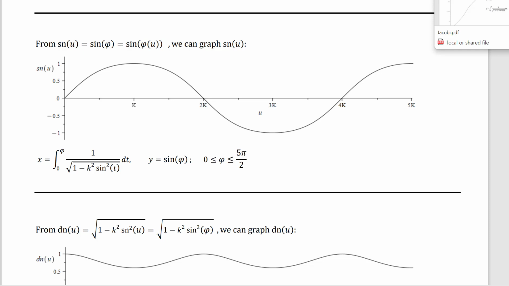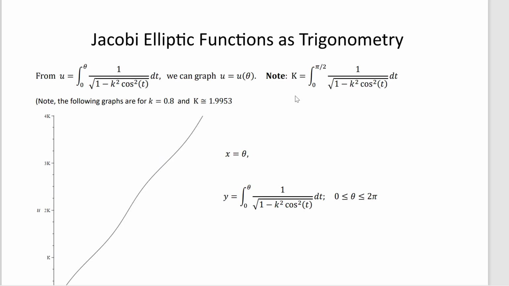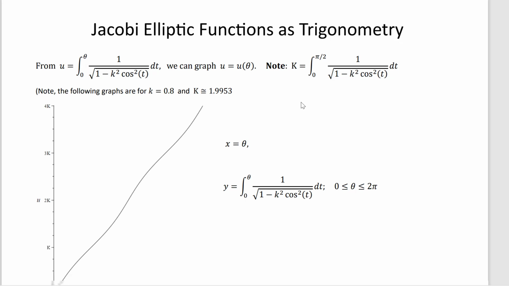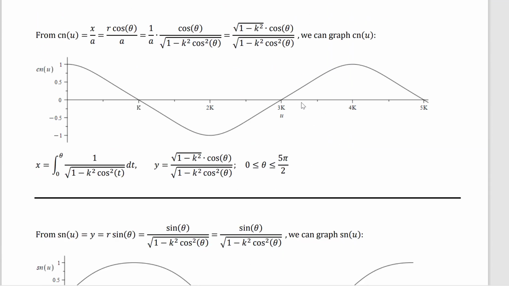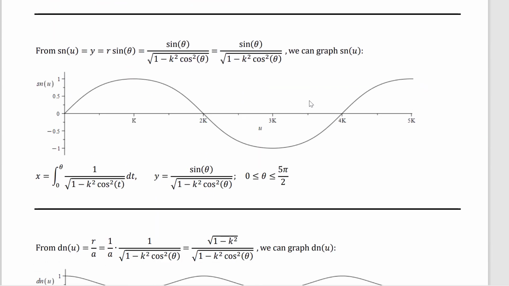But now look at the other definition, the horizontal ellipse definition. So with this, I can graph SNU if x is this integral with the cosine, but then y, instead of just being sine of phi, it was the y value on that ellipse, which ends up being r sine of theta.